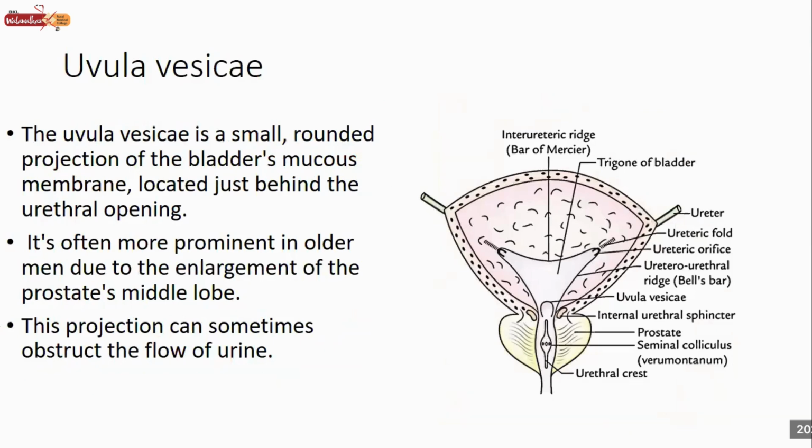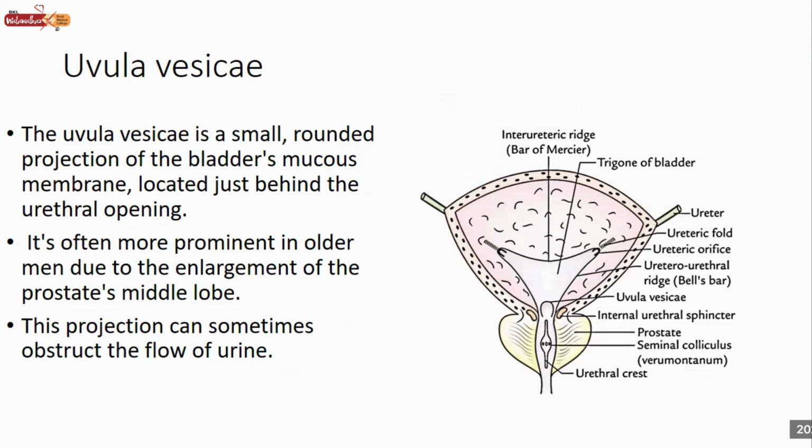One more thing you can see just behind the opening of the urethra is a structure called the uvula vesicae. It's a small rounded projection of the bladder mucous membrane.